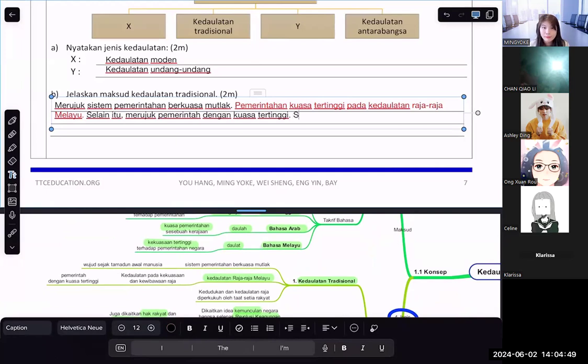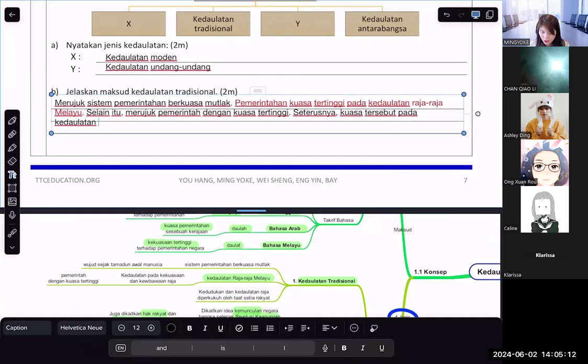And then seterusnya kuasa tersebut pada kedaulatan Raja-Raja Melayu. Can you see?